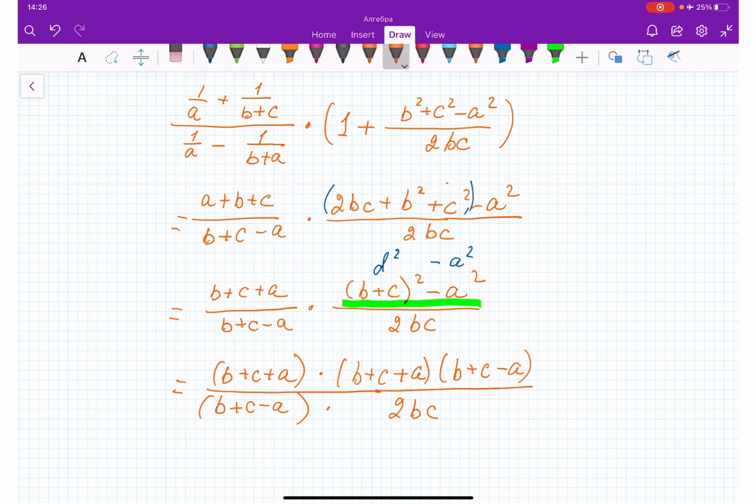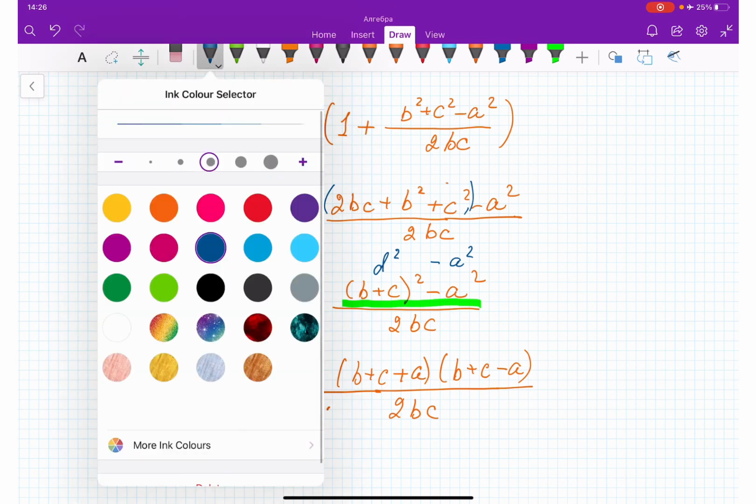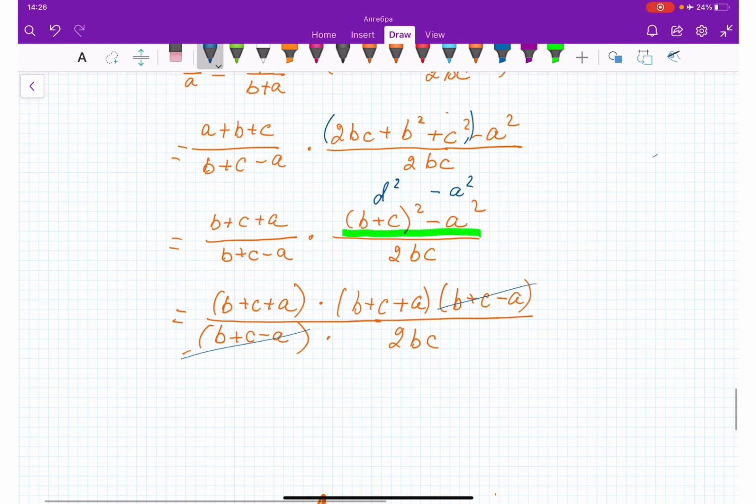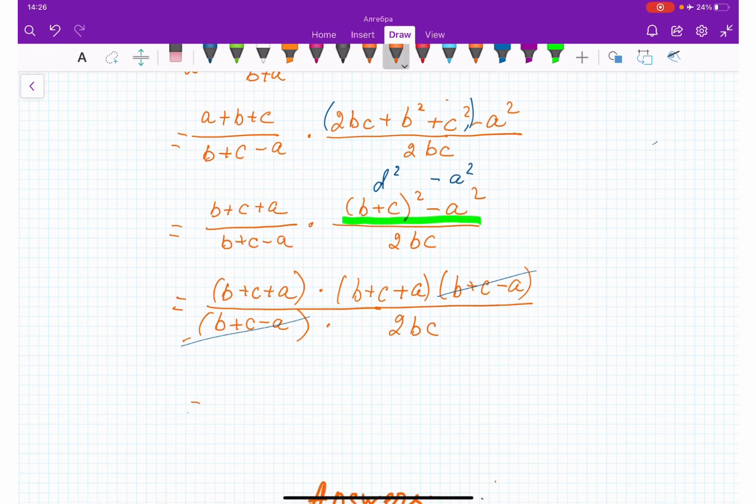So this is gone with this, and we are getting (b plus c plus a) squared over 2bc.